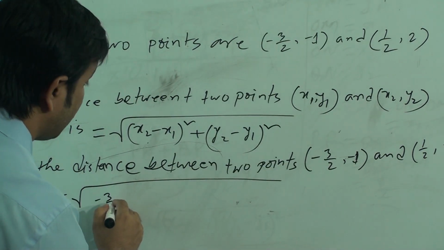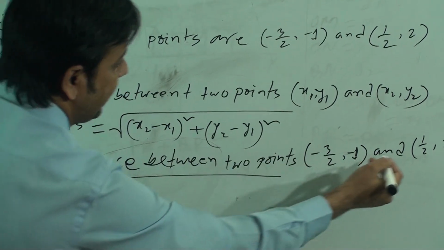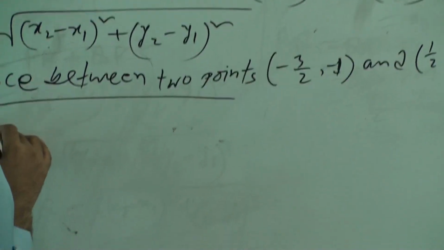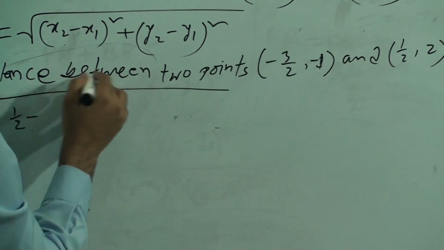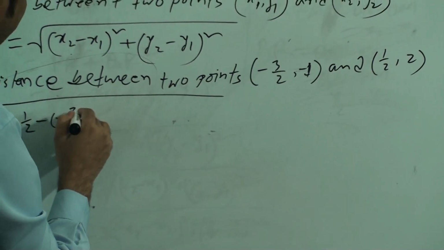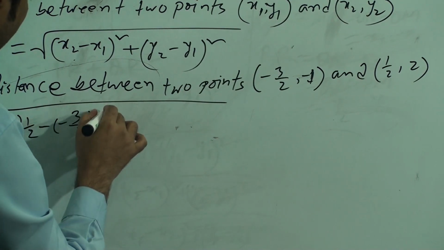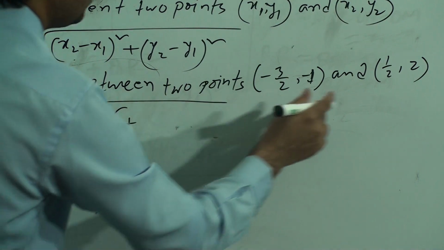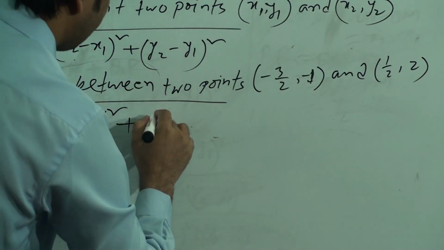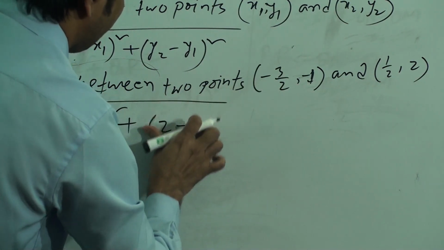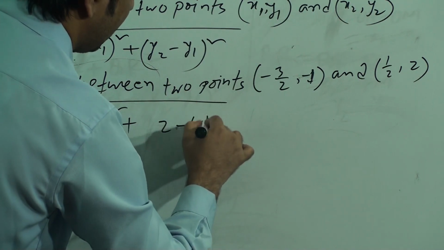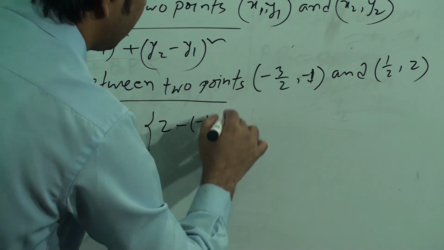At first x2 means 1/2, minus minus 3/2, where minus 3/2 is x1, and we need to give the square, plus y2 minus y1, y2 means 2 minus y1 means minus 1. So we have to give the square here.